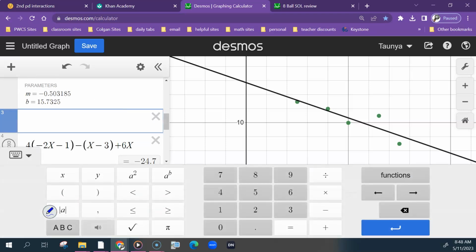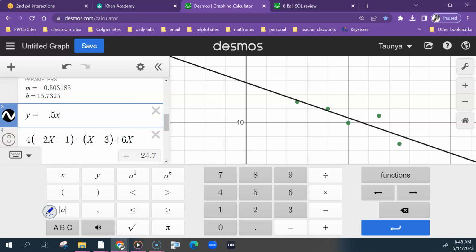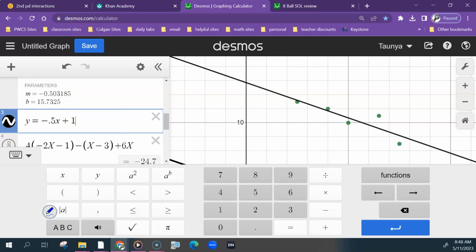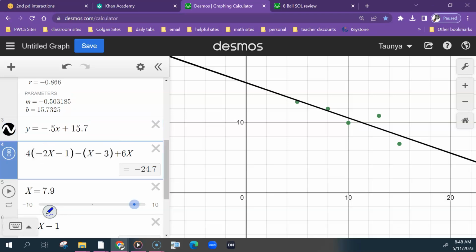You can round, you can use all the decimals if you're rounding 1 or 2 decimals. So y equals -0.5x plus 15.7. And that would be your line of best fit. Or you can put in all the decimals, round to 2 decimal places, whatever you want. Questions on that one?